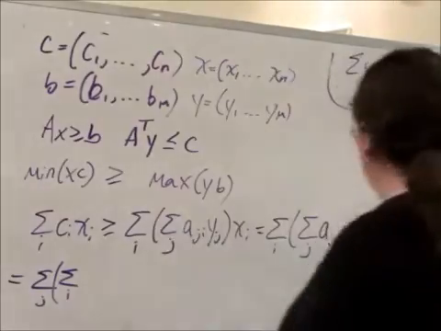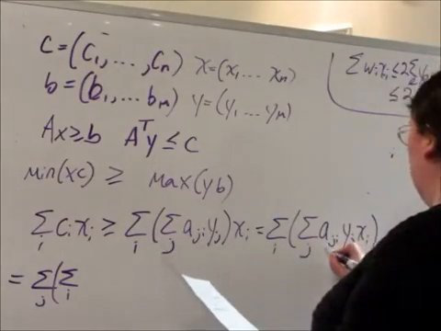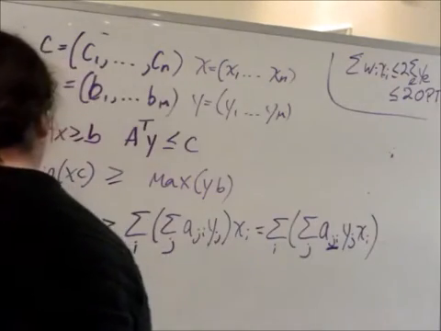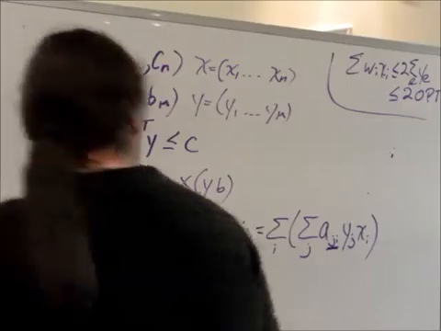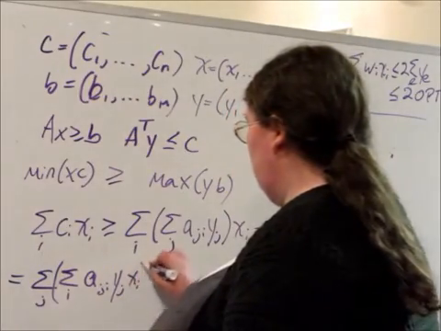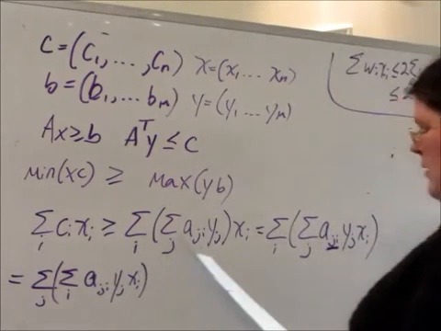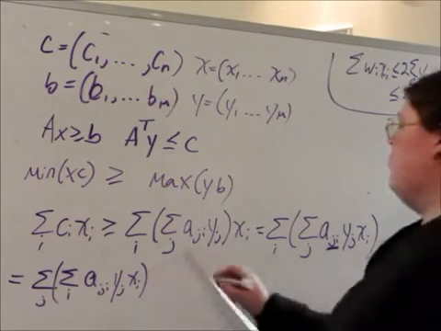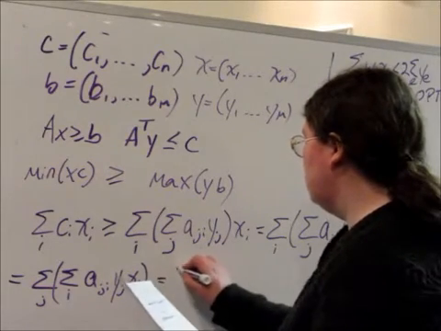But notably, we're going to keep the order on this A, j, i thing the same. A, j, i, y, j, x, i. All of this seems like things I should be allowed to do. Now we're going to move y j out again.